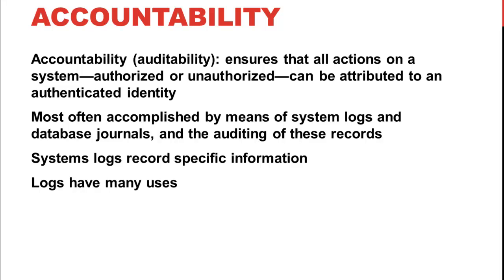But we also have to remember that there's a limitation to accountability. All it really tells us is that a particular user ID was appropriately authenticated into a system and took some action. What it does not tell us is that the actual user or owner of that particular user ID was the individual that accessed that machine using that ID.